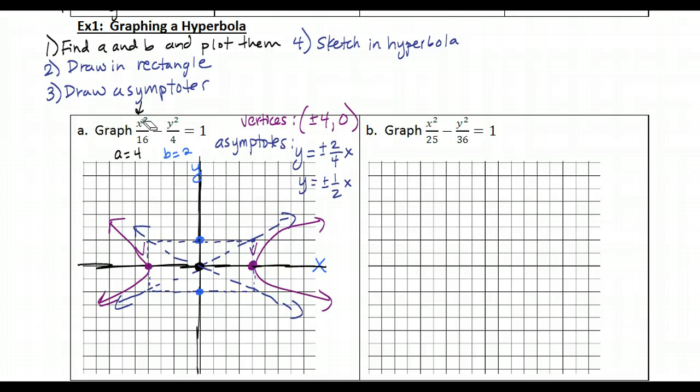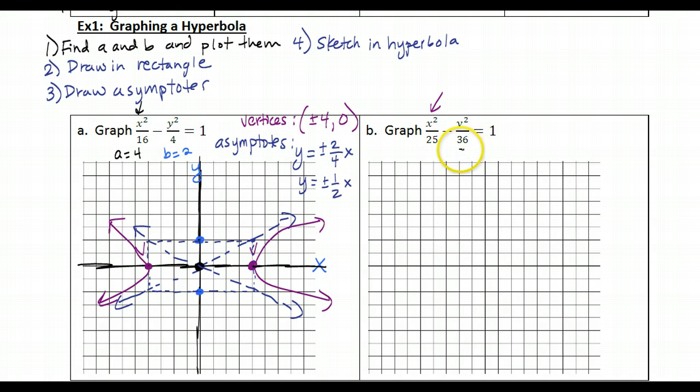Now, one thing I want to show you that might kind of throw you off is that for hyperbolas, whichever variable is positive determines which way the graph goes, not whichever one has the larger number. So you might remember from what we've been doing the last few days, if this was an ellipse, the 36 would be with the a value because it was a bigger number.